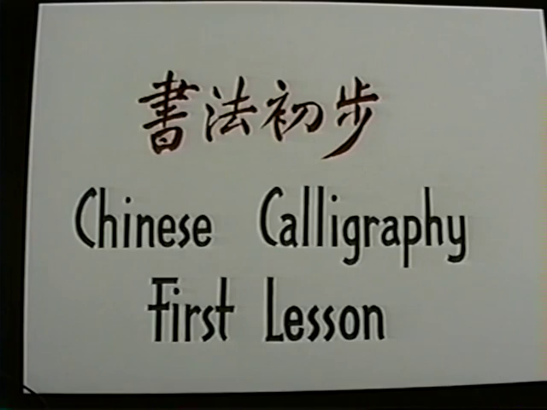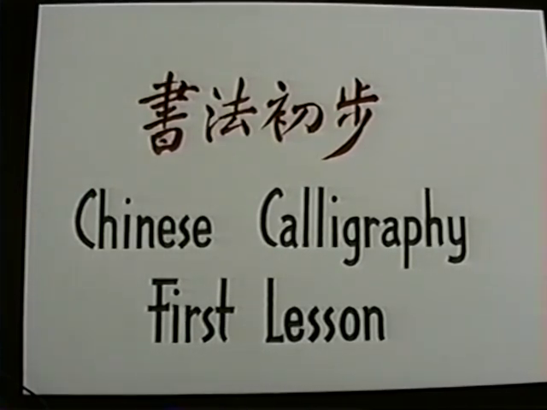Graphy or graphic means something written, something printed, something with marks. And so calligraphy is supposed to say beautiful writing. But Chinese calligraphy is something more than just beautiful writing. This is what we are going to study this moment.